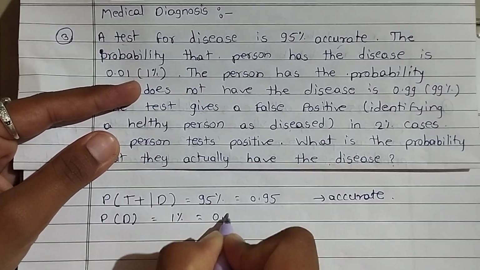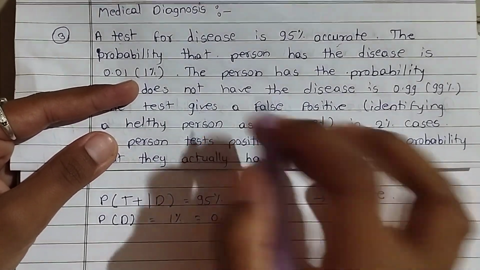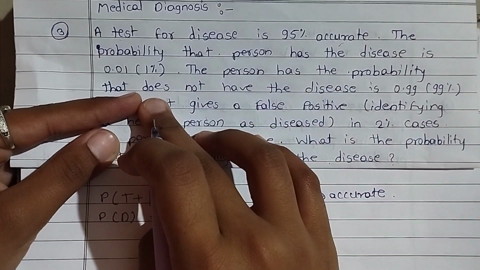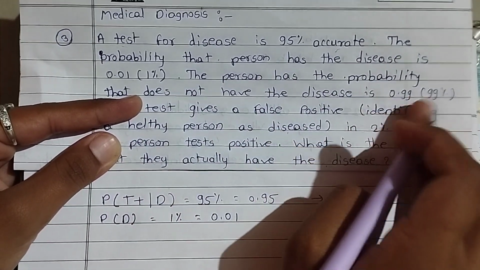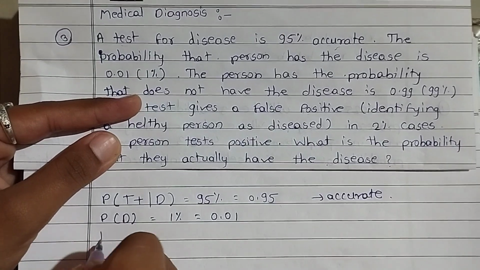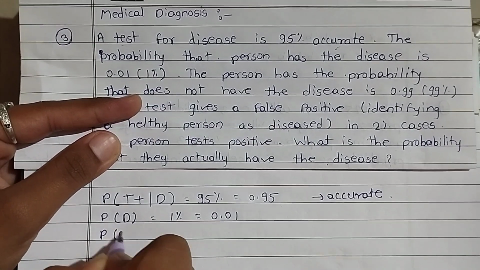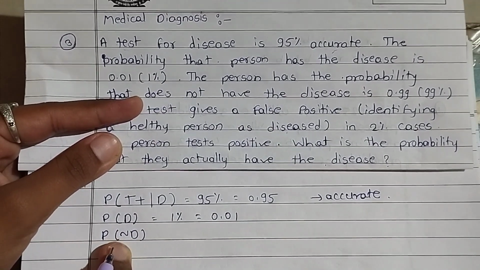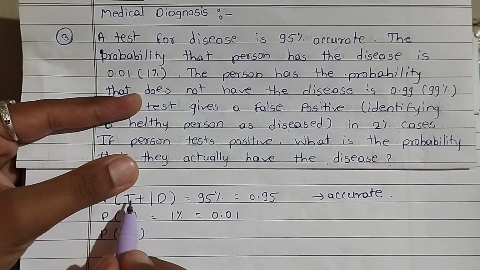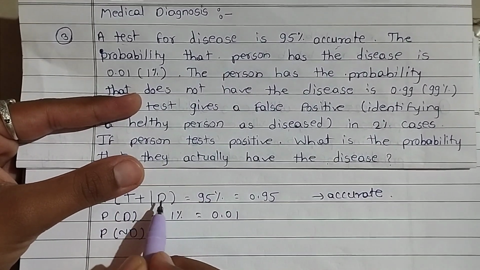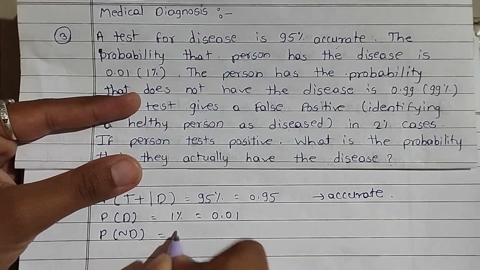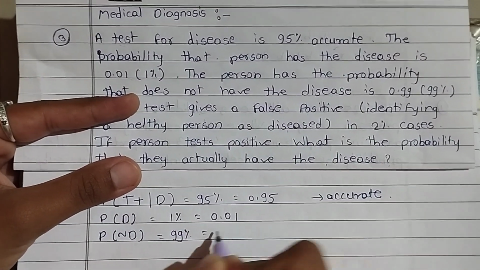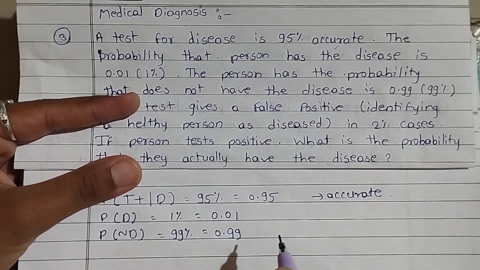The probability that the person does not have the disease is 0.99, which means 99%. So the probability of the person not having the disease is the negation. Here T is used for the test and D for disease. So the person has no disease with probability 0.99.